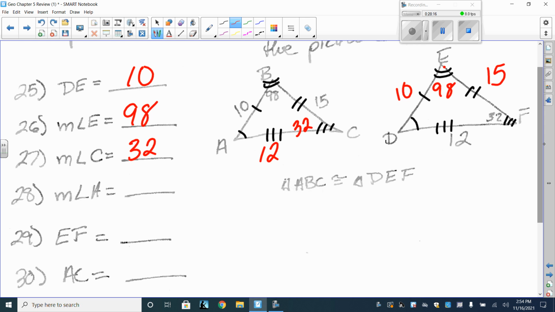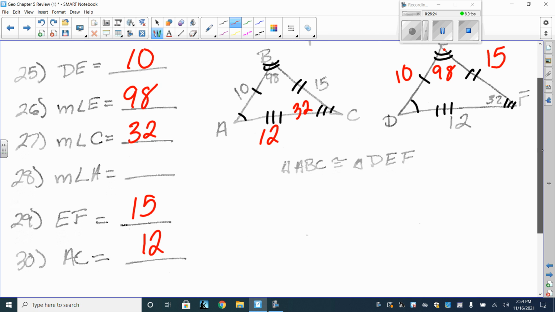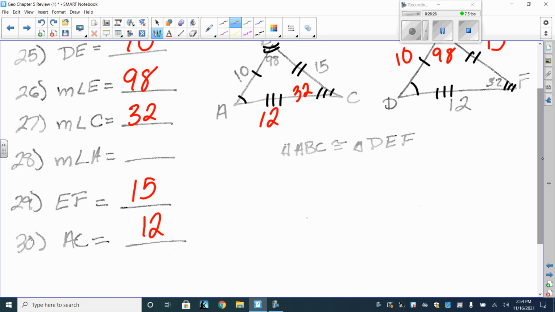EF is 15 and AC is 12. Because we got all of this here from just doing what? Matching up the two, yes? Now angle A is the only thing we have left, but any 3 angles in a triangle add up to 180.